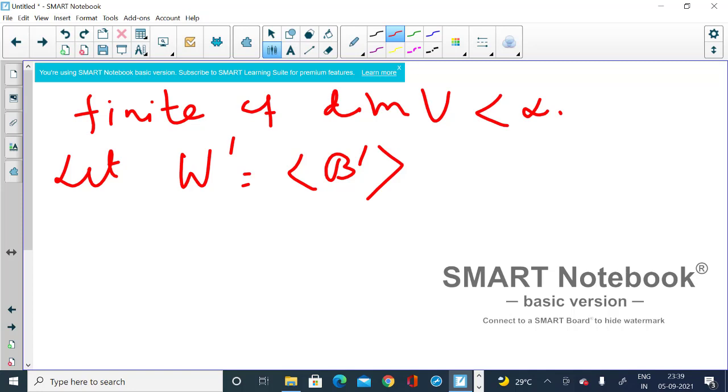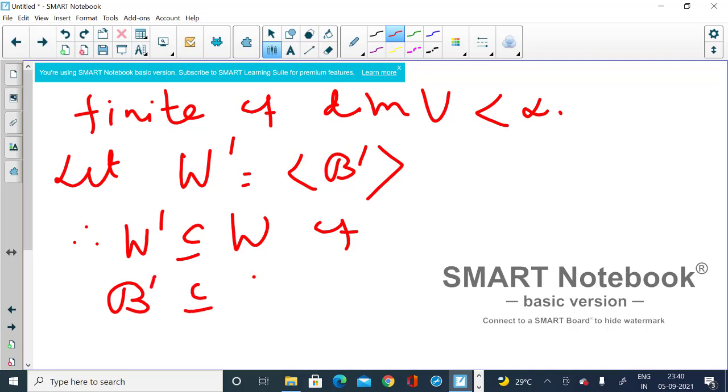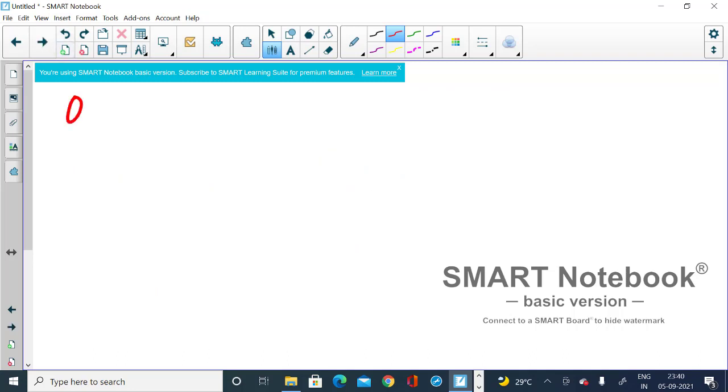So you take that W dash, which is the span of this B dash, and automatically you know that W dash is a subset of W. Obviously B dash is inside W, because W contains all the vectors of the form T^i v for any i. Because these vectors are inside W, W dash is a subset of W. That is obvious.